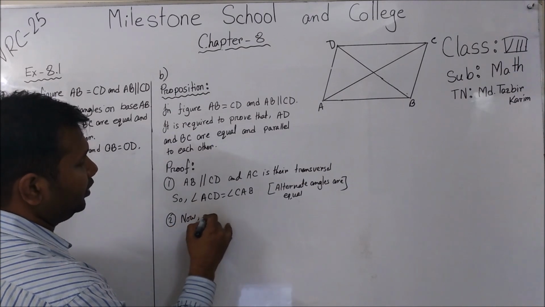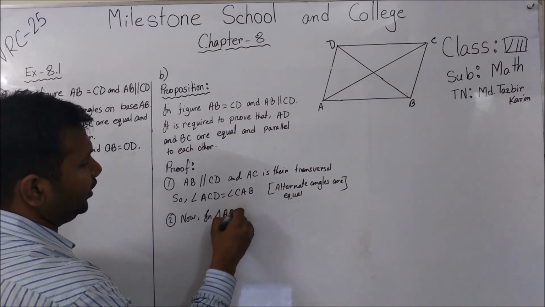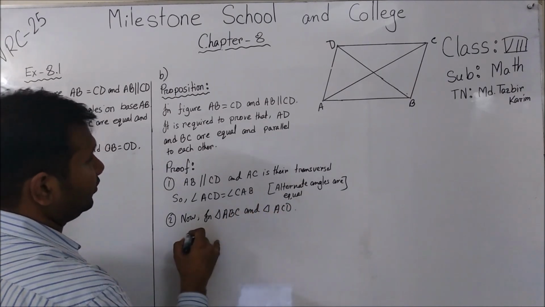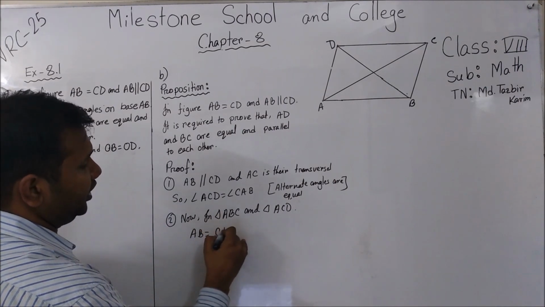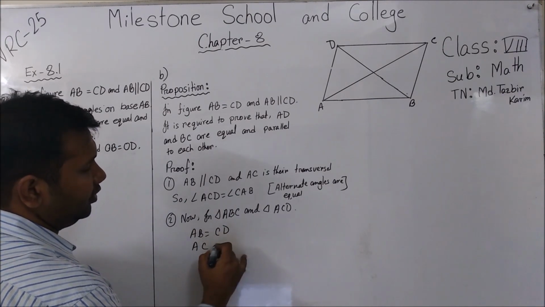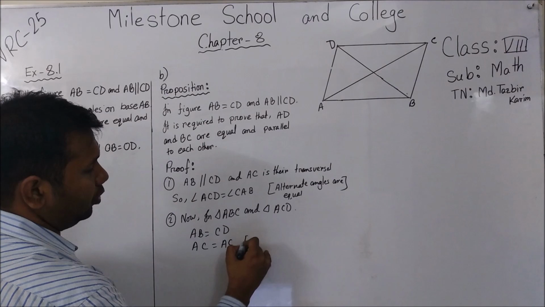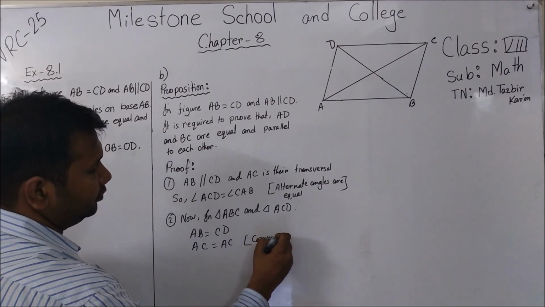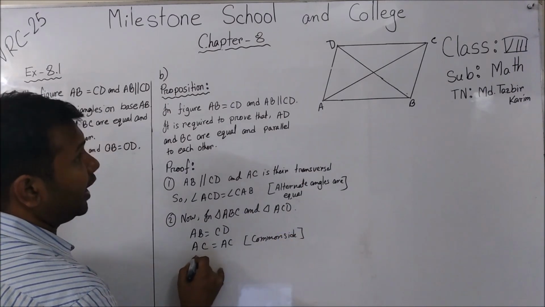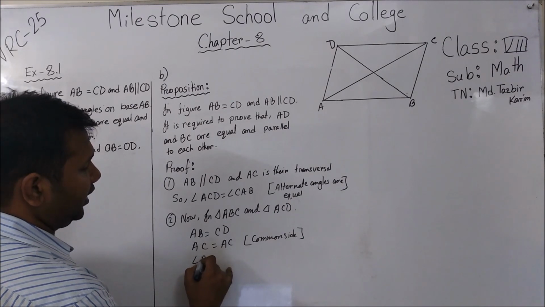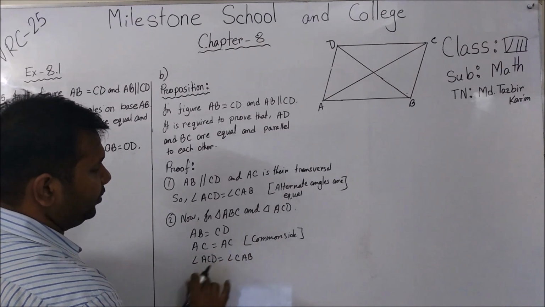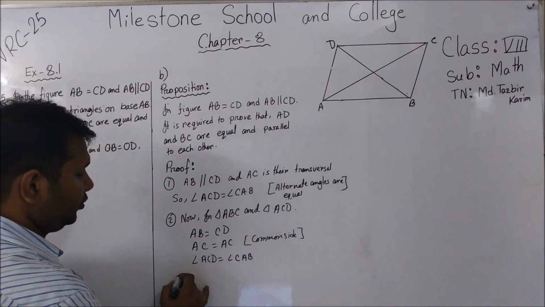Now, in triangle ABC and triangle ACD, AB equals CD, that is given. AC equals AC, common side. Angle ACD equals angle CAB.